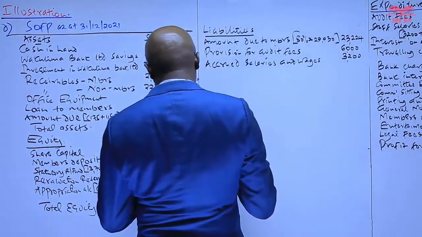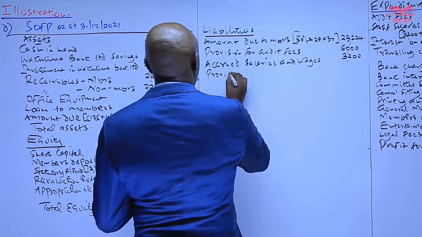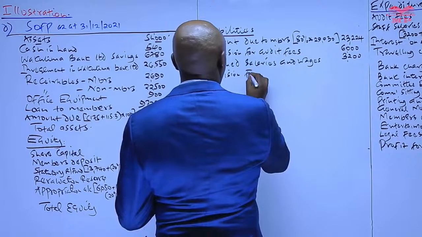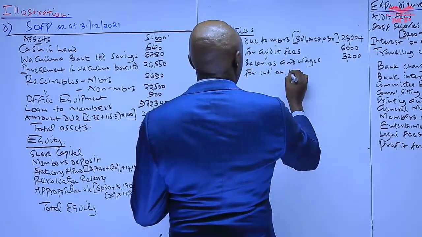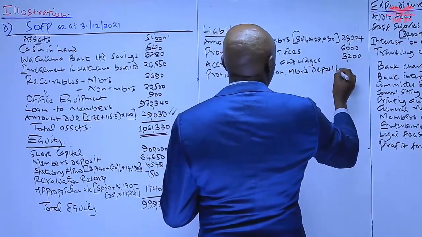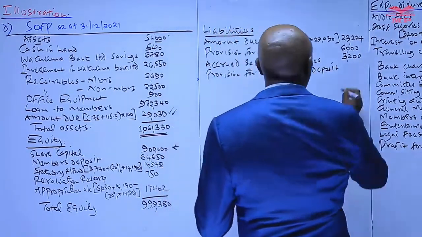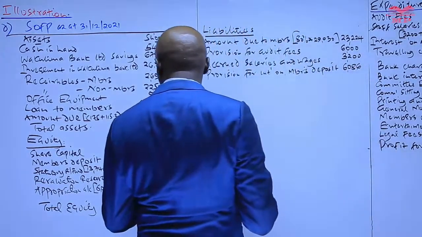And then below that, number 5, we have provision for interest on members' deposit. Still, this amount has not been paid. It was purely provided for. That's why we are accounting for it as a liability there.